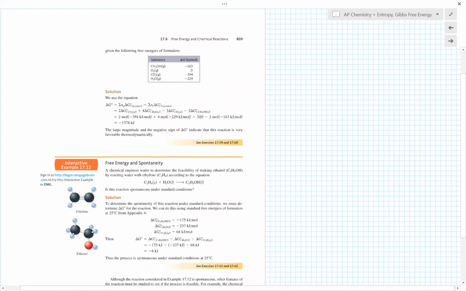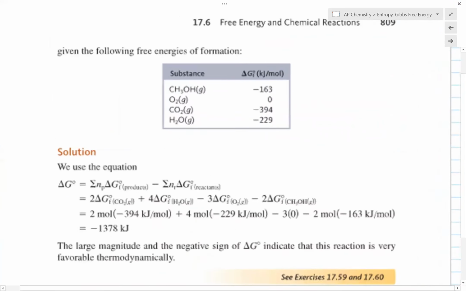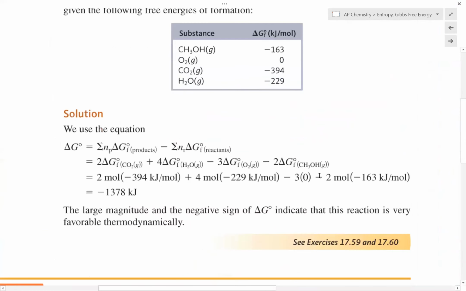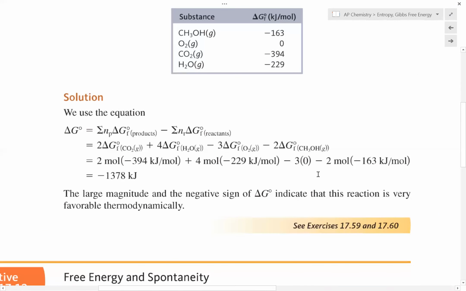In this particular case, you have the delta G of formation for each of the chemicals. In the equation, you sum the products minus the sum of the reactants, and you get a delta G value of negative 1378. So these are a couple of ways to calculate delta G.